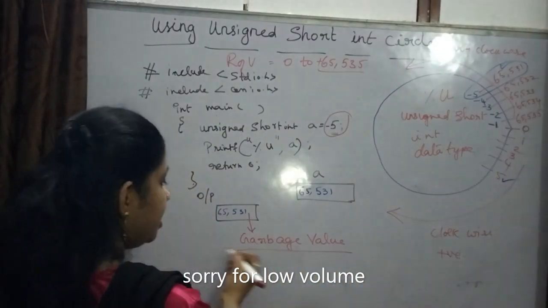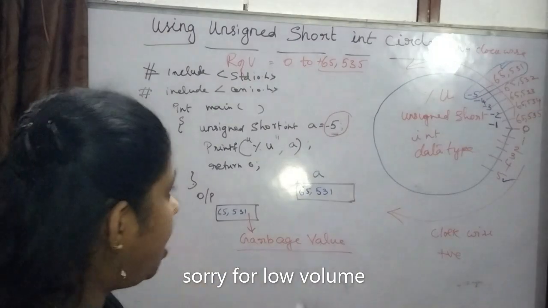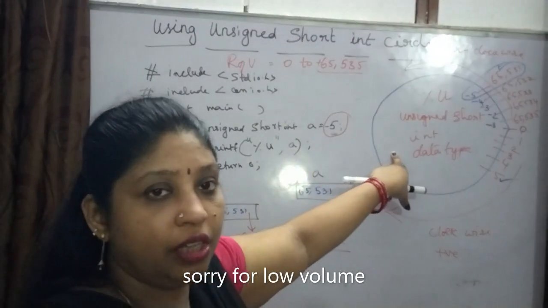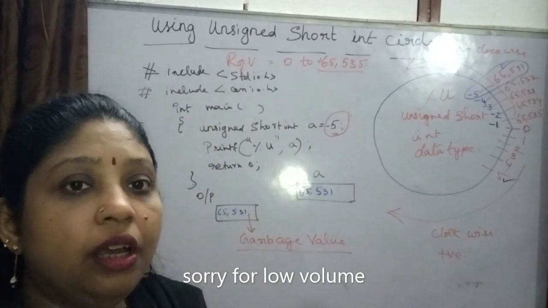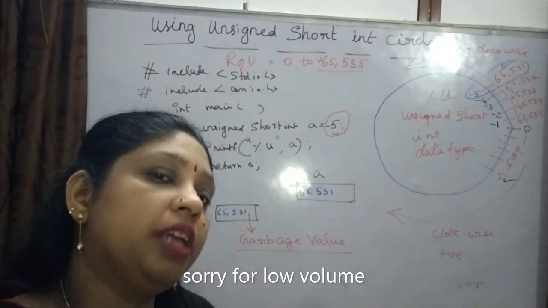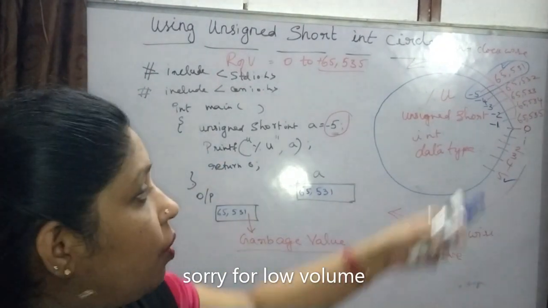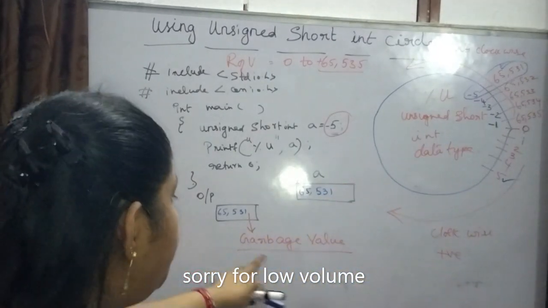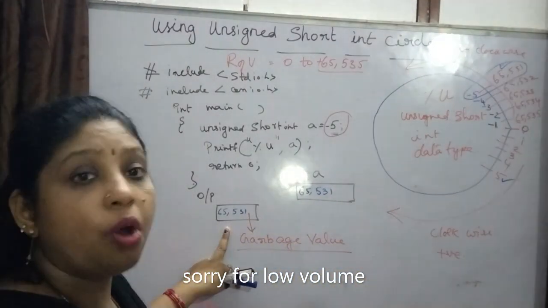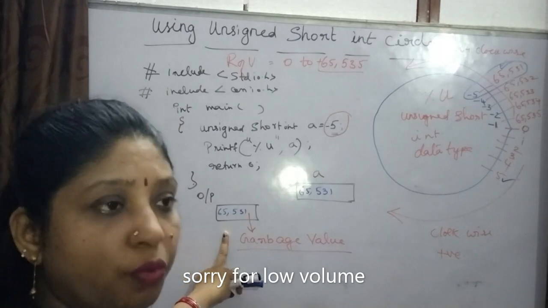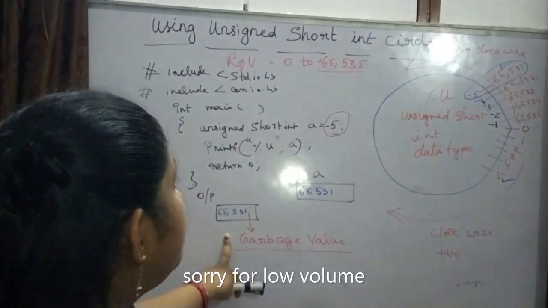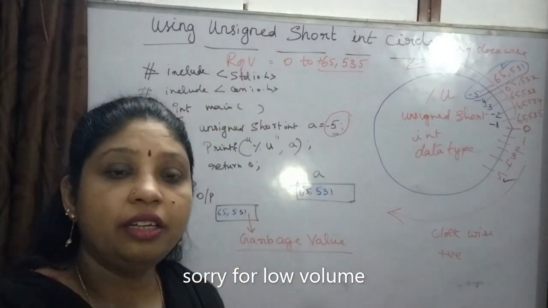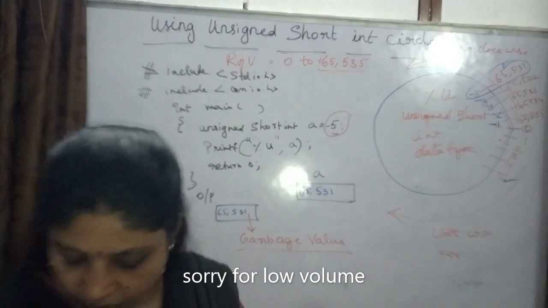Then you should think that the value you are giving is not there in this. That's why it's unable to calculate, and it has been calculated in its own way, as I said there, and it is going to print the wrong value, or I won't say that it's a wrong value, it is a garbage value, right? So this is the way unsigned short int circle will work.